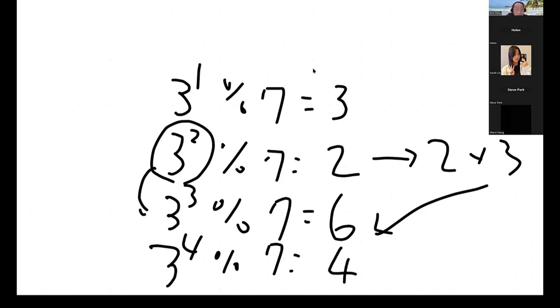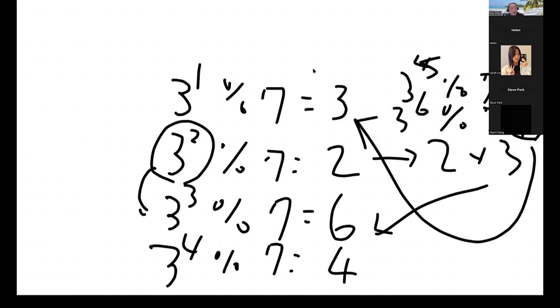Yeah. So 3 to the power 5: 3 times 4 is 12, 12 mod 7 is 5. 3 to the power 6: 5 times 3 is 15, mod 7 is 1. So when you see 1, what happened? You'll go back to 3, next one. So basically, your 3 raised to the power 1, 2, 3, 4, 5, 6 will spread out to the remainders of 1, 2, 3, 4, 5, 6.